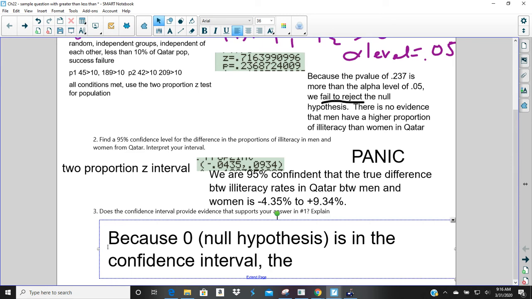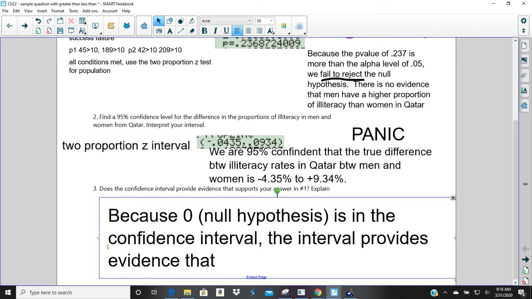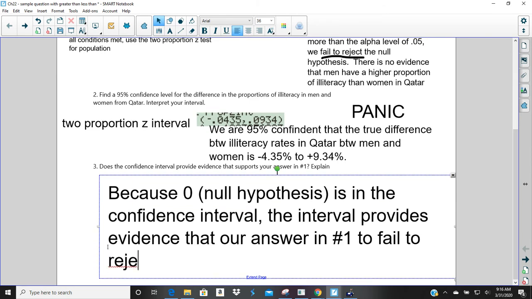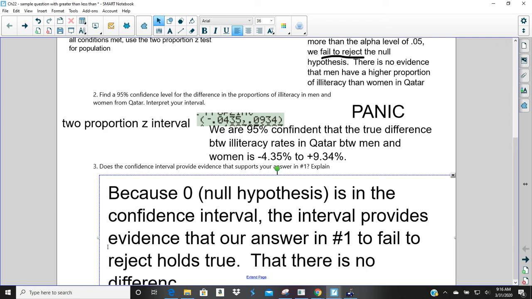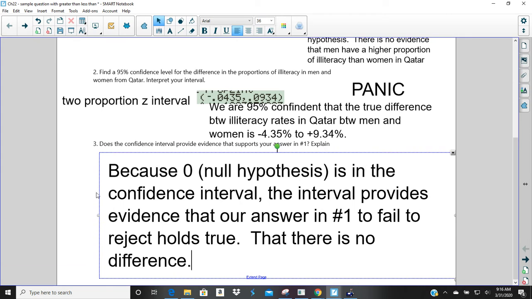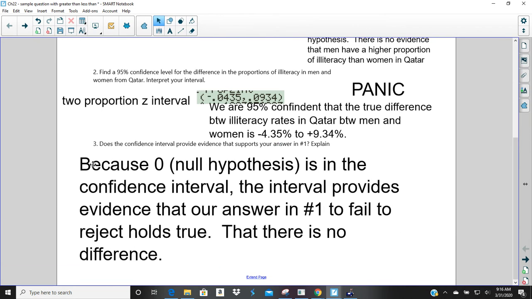The interval provides evidence that our answer in 1 to fail to reject holds true, that there is no difference. Okay? Something along those lines would be completely fine.